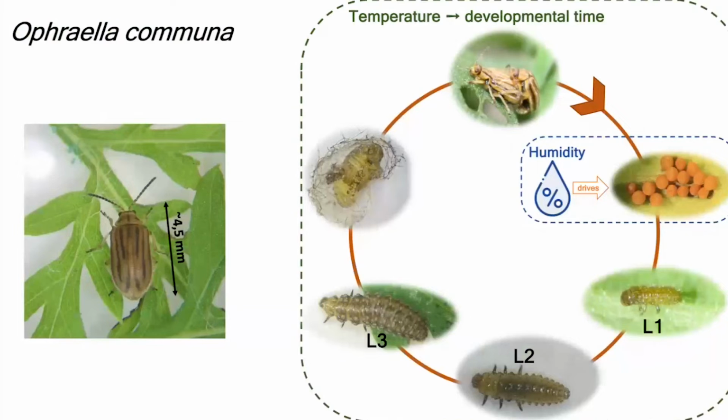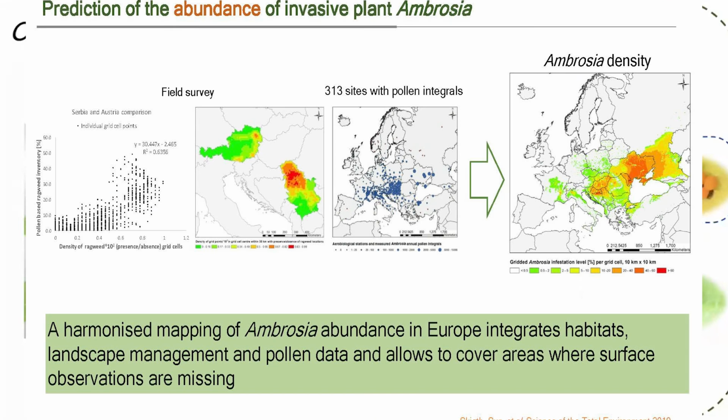Then for the beetle, this is Ophraella communa. You see that one life history, one generation from mating to laying eggs, then three stages of larvae, pupae, and again becoming adult, takes about 25 days, depending on the temperature, of course.